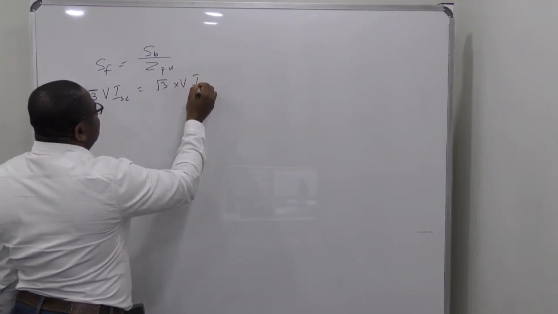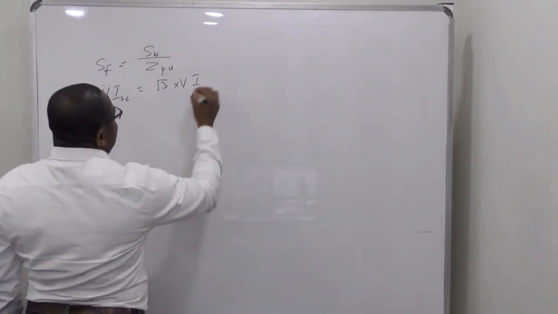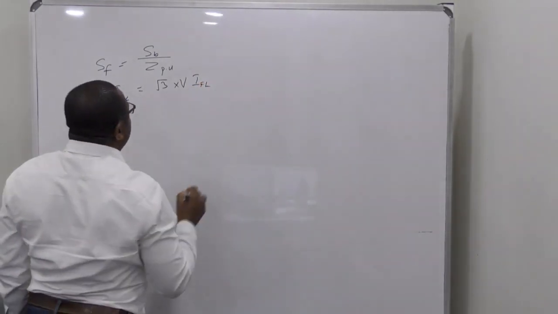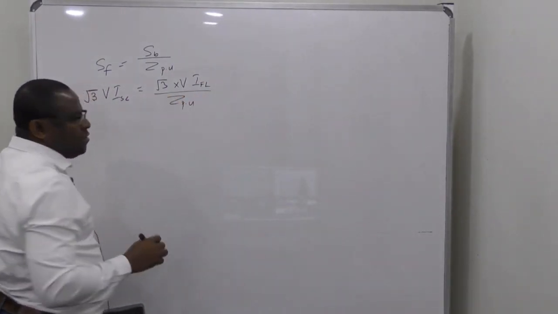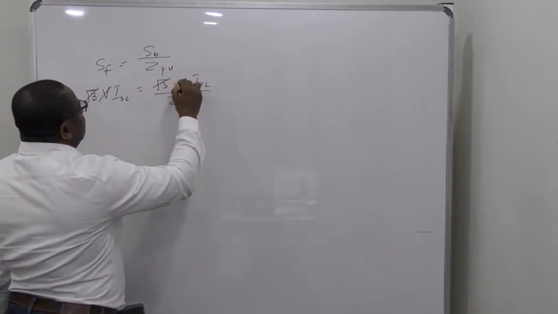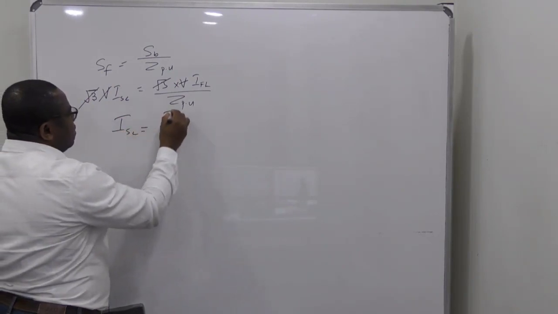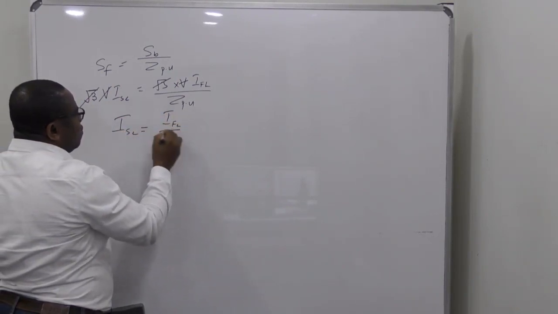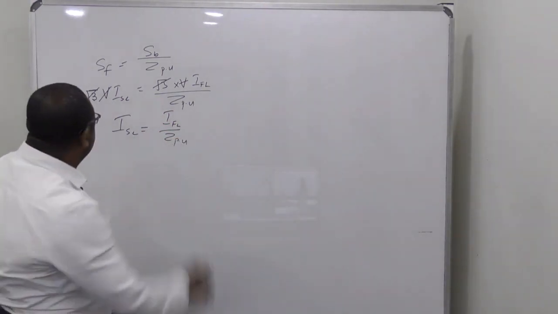But this I base, as I said, is the rated current, so we can just say full load current in that case, over Z in per unit. So if we cancel out this, it means that I short circuit can also be written as I full load over Z in per unit. Okay, so you should know that also.